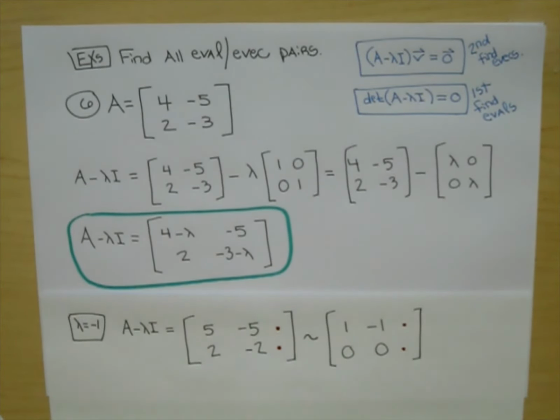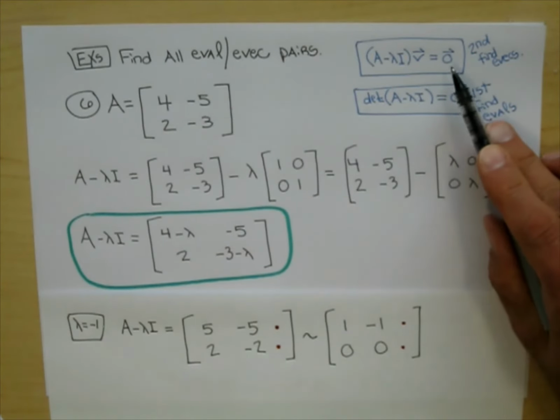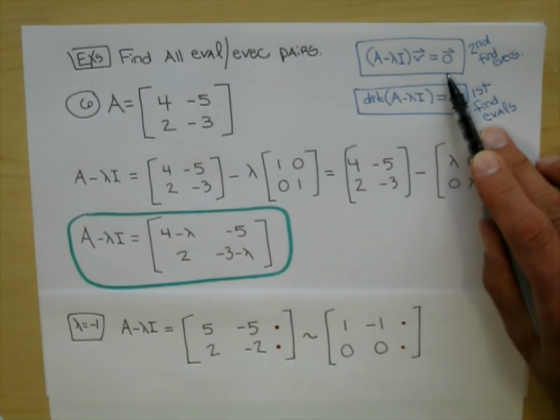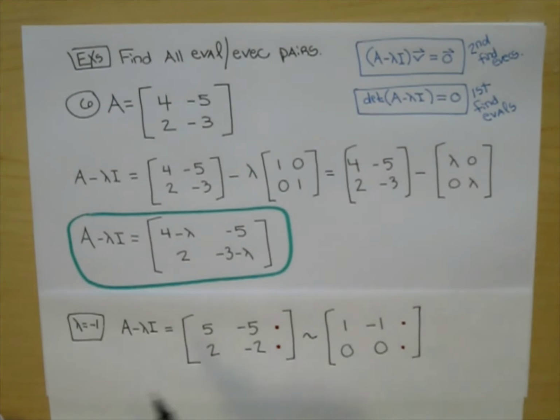So I really am doing this equation up here. I'm finding the null space. Now, if you have an eigenvalue and you plug it into A minus lambda I, and you did everything right, you should have at least one row of zeros, because that would indicate infinitely many solutions, and that's what you're trying to find. If you end up not getting a row of zeros, then either you did something wrong here with the row operations, or you found the wrong value for lambda.